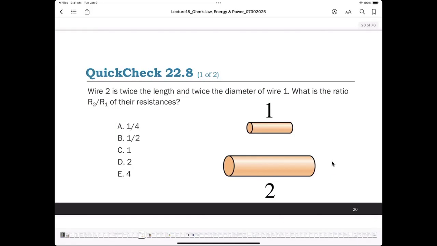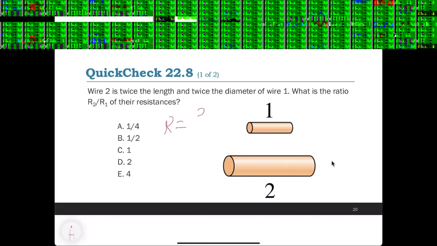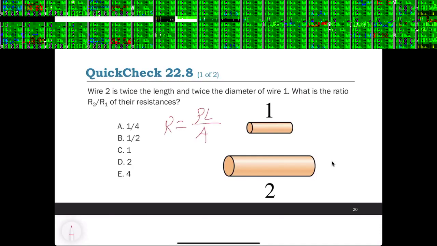Wire 2 is twice the length and twice the diameter of wire 1. What is the ratio R2 divided by R1 of their resistances? Let's write down the resistance here, R equals ρL over A. The two wires have the same material, so the resistivity is the same.